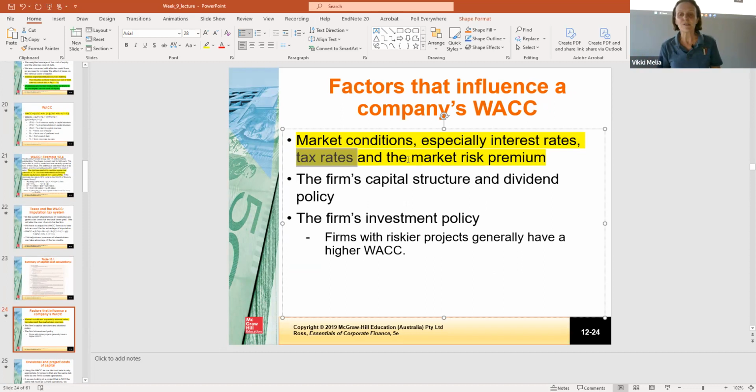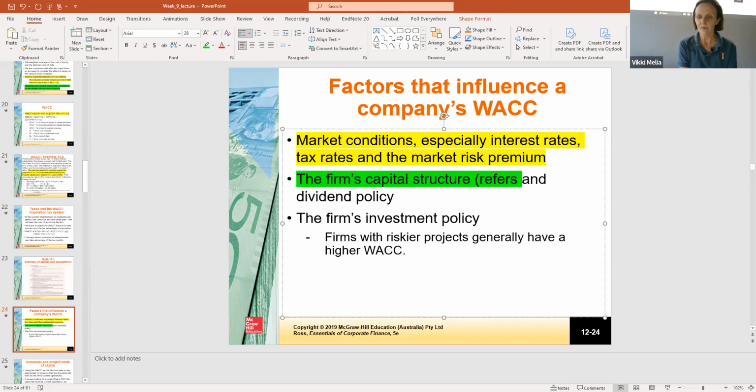And if the market risk premium changes, that will influence the cost of equity, so it will influence our cost of capital. So typically, market factors like interest rates and taxes are likely to have an impact on the weighted average cost of capital. The company's capital structure will also influence their weighted average cost of capital.